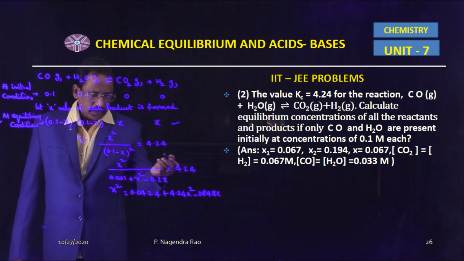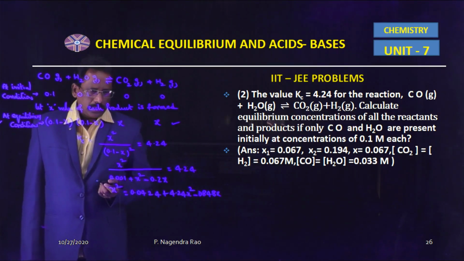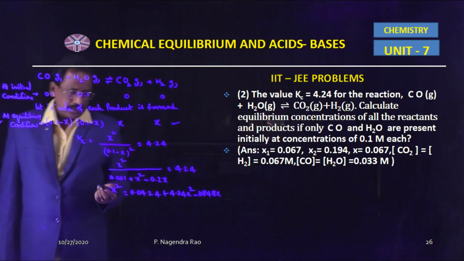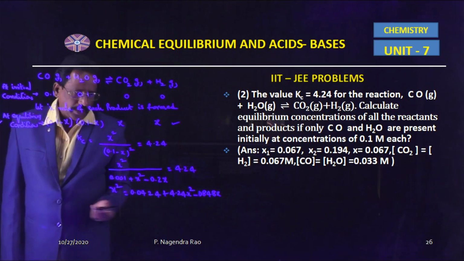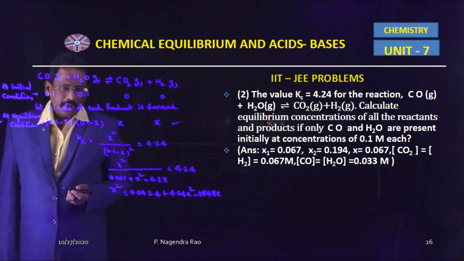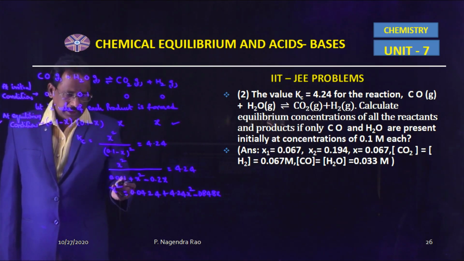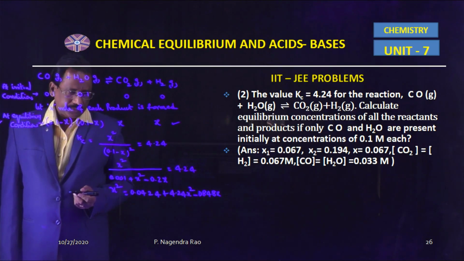Now this is equal to 4.24 into x square minus x square.